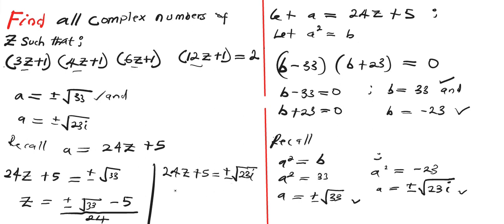Then z on its own will be (±√23 i - 5) divided by 24. So these are the complex numbers z.